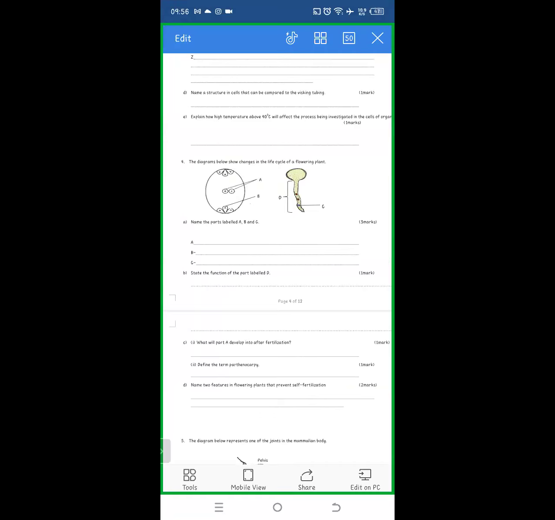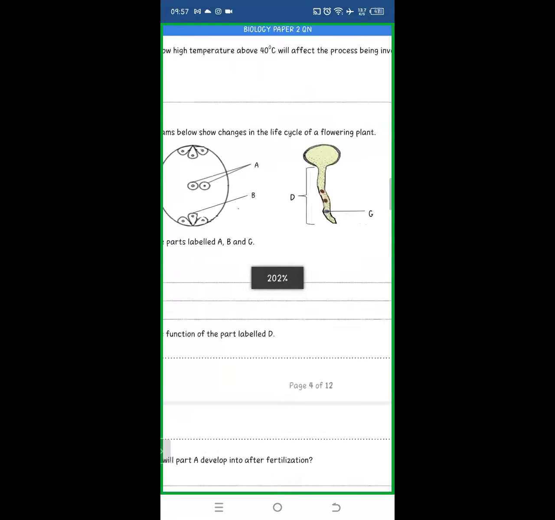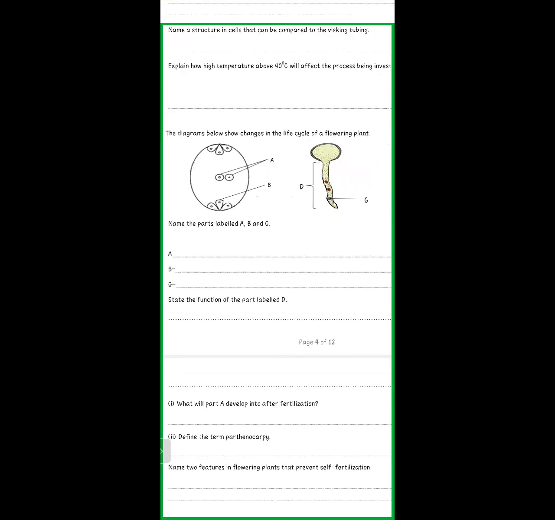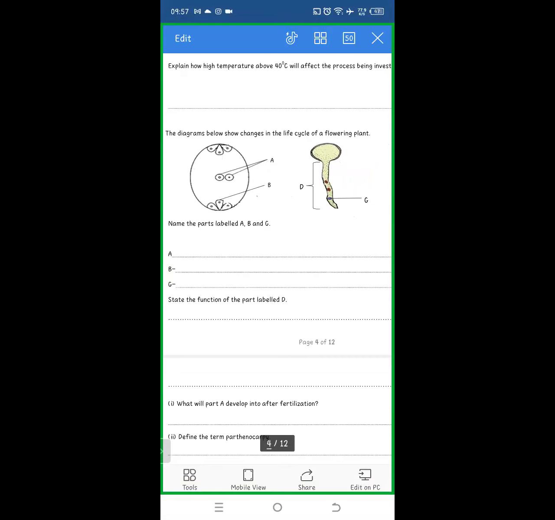So we go to question number 4. The diagrams below show changes in a life cycle of a flowering plant. Name the parts labeled A, B, and G. So we have those various parts, A, B, and G. Can we name those parts?